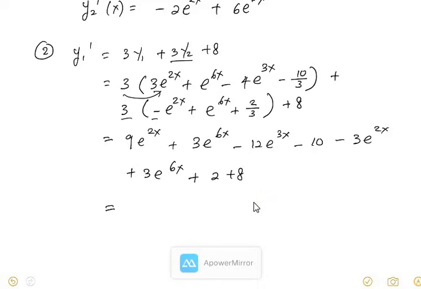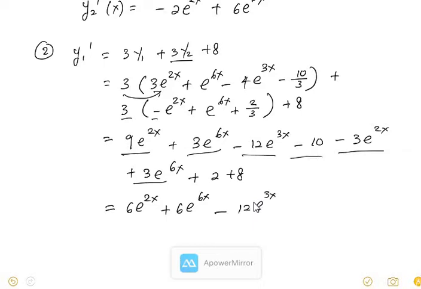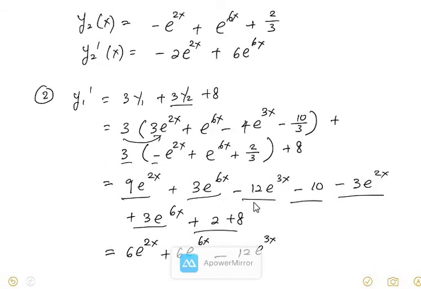So you can simplify. For e^(2x), you have 9 minus 3, so you get 6e^(2x). Then 3 and 3, so you get plus 6e^(6x), then minus 12e^(3x). Minus 10 plus 10 cancel out. So this is the answer for y1 prime.